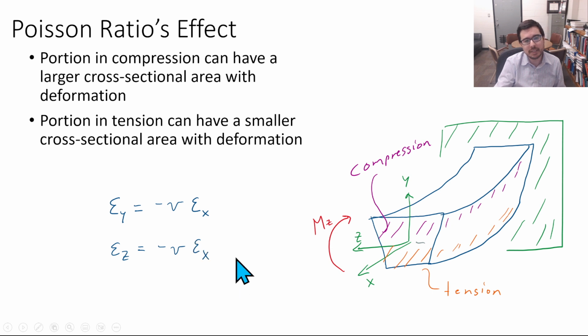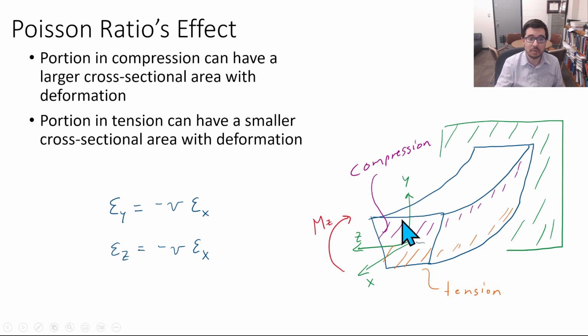Now, why is this negative? Well, this is in compression here. So if epsilon x is like negative 0.01%, something like that, then above here, in the y direction, it's going to be negative, negative, so it will end up being positive.